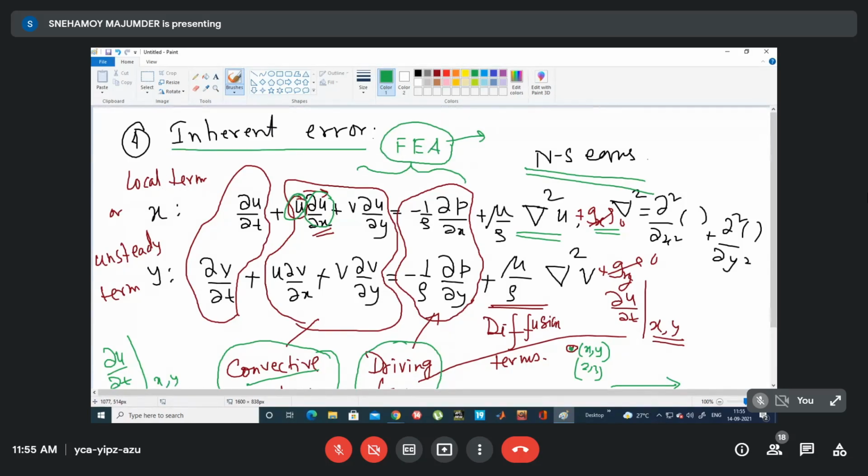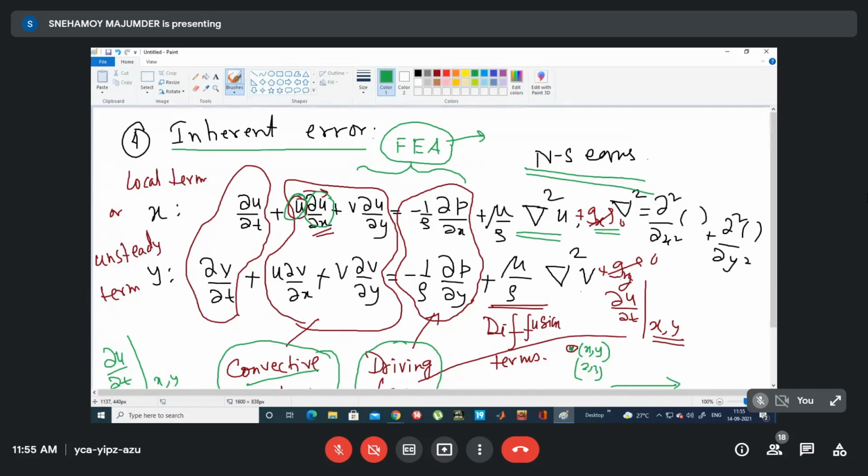So what happens, it has the inherent error, or say there is a physical problem, সেই ফিজিক্যাল প্রবলেম সামান্য এদিক ওদিক হলেই that solution cannot be obtained. Those are called inherent error. It is inherent within the definition of the problem or physical process of the problem.